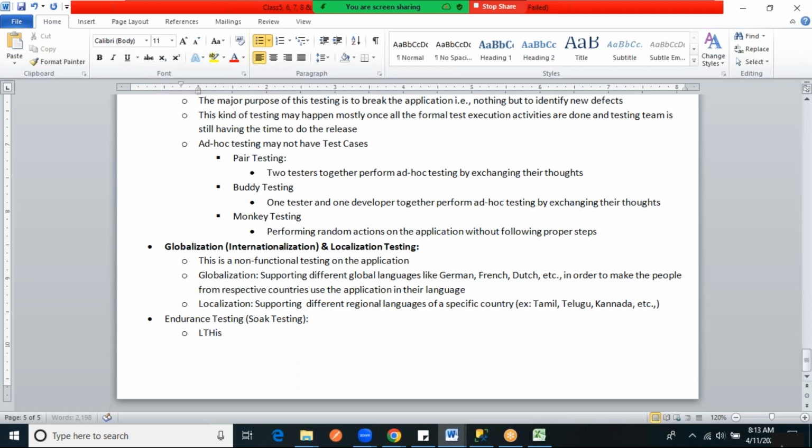It is also non-functional testing. Endurance means what? How long? It is about performance testing only.